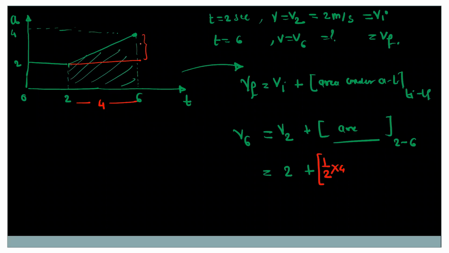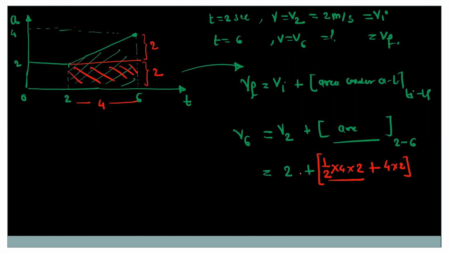And for the triangle, what is the height? It is 4 minus 2, that is equal to 2. Plus we have to consider the area of this rectangle. For this rectangle, base is 4 and height is 2, so it is 4 into 2.